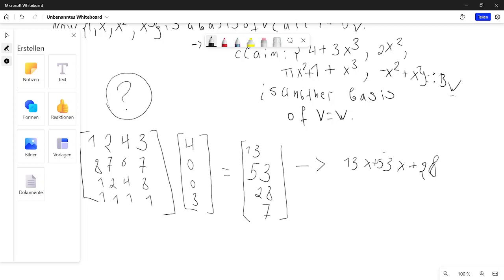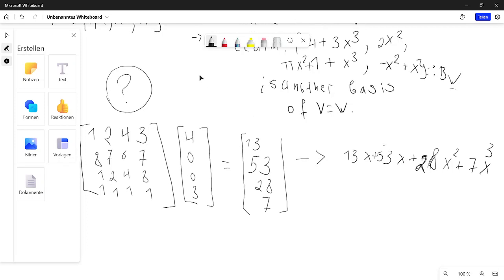Most times instructors try to make it somewhat neat, but not all tasks that are given as homeworks. That's 28, right? All right, 28x squared plus 7x to the power of 3.